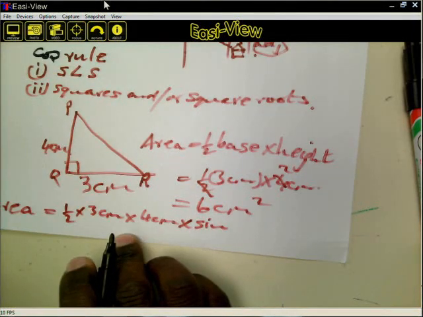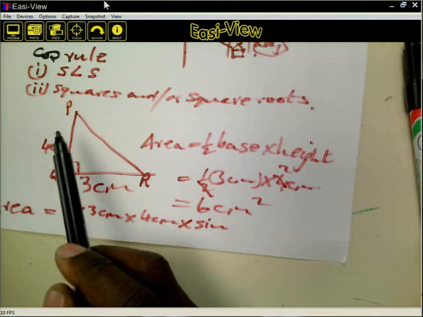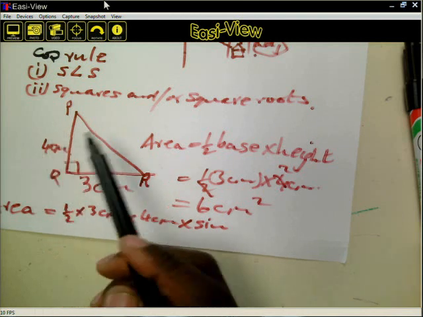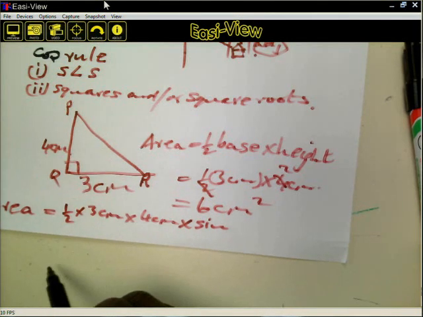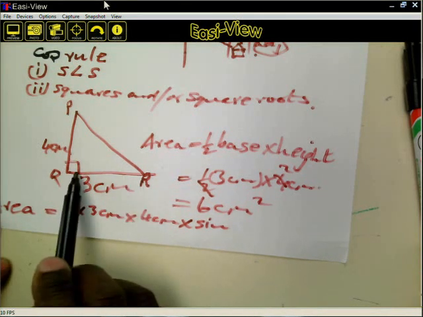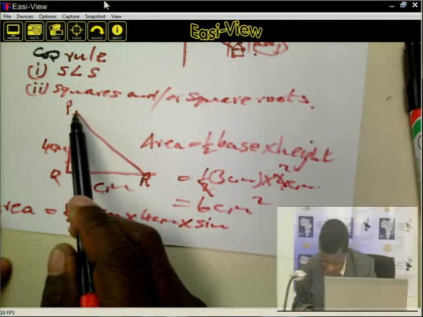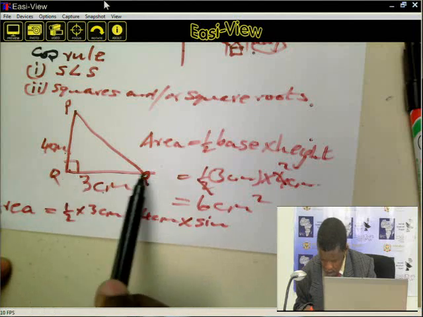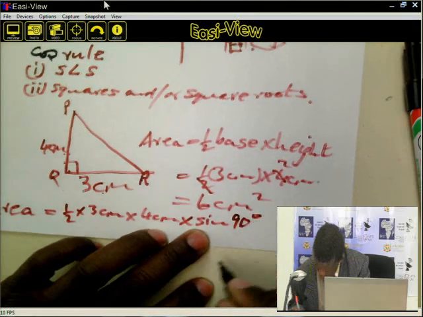The sine of the included angle. And again, the easy thing to remember is that the so-called included angle is very simple. It is the angle made up by the very sides we are talking about. This PQR, which in this case happens to be 90, is the included angle between 3 centimeter and 4 centimeter, because one arm of this angle is PQ, the other one is QR. So it will be the sine of 90.